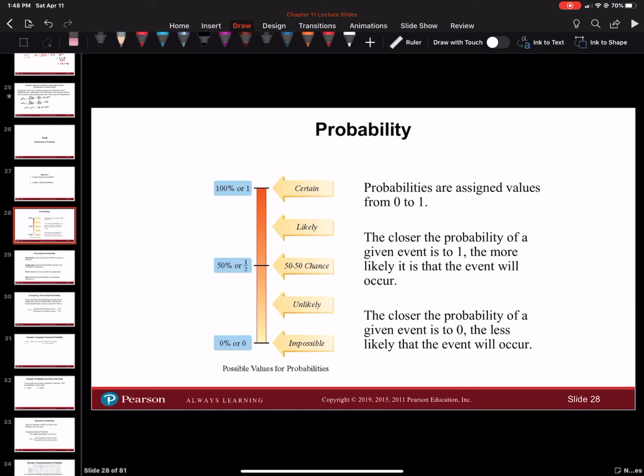So where 0 is impossible, 1/2 is 50-50, and 1 is certain. When you find your probabilities, usually you get a number between 0 and 1. So pretty much the closer you get to 0, the less likely it will happen. The closer you get to 1, the more likely it will happen.